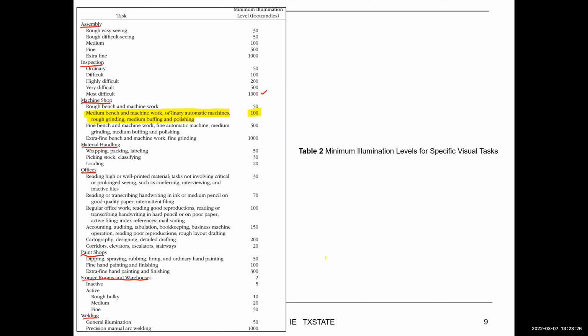The maximum that you can observe here is 1,000. It was repeated for multiple types of operations. So for example, inspection, very difficult. We also have extra fine assembly, extra fine bench and machine work. So the higher the detail, the more illumination you might need.